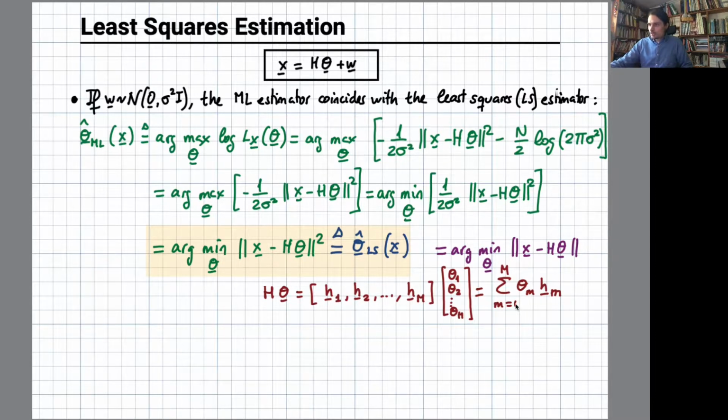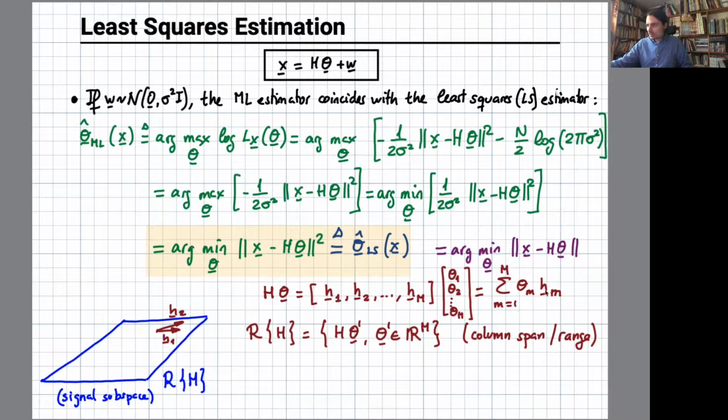And this can be interpreted geometrically by considering the subspace, or let's say a hyperplane, spanned by these columns here, right? So in linear algebra, we typically denote by R(H) the set of all linear combinations of the columns of a matrix H, right? And this is referred to as a column span or range.